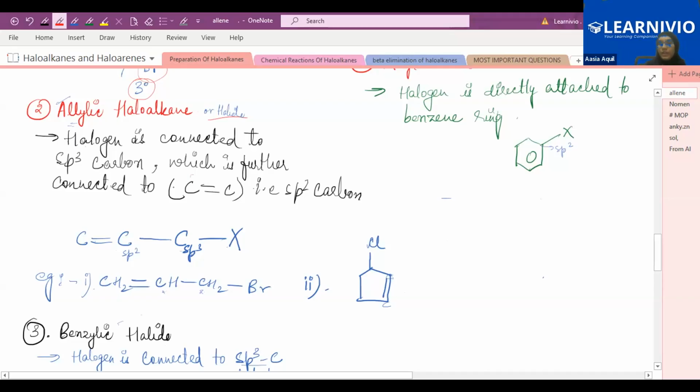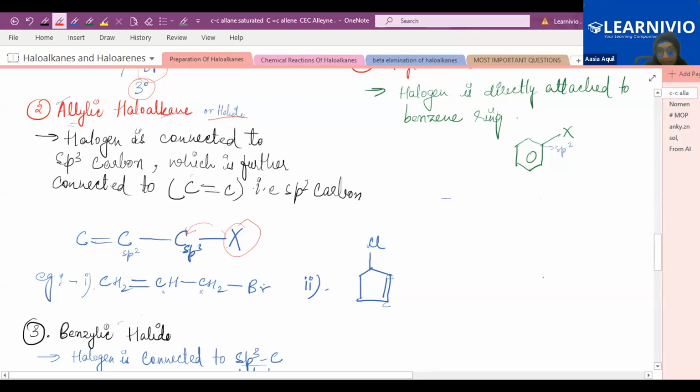Allylic halide is that type of halide where the halogen group is first directly attached to an sp3 hybridized carbon, but that sp3 carbon is attached further to an sp2 carbon. So you have to check further whether sp2 hybridization is there or not. That's the case of allylic halide. It's very important.